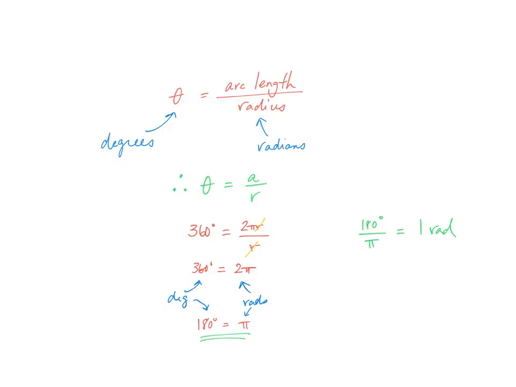So the only way that a fraction can equal 1 is if the top and the bottom are the same value. And so what we see then is that 180 degrees does equal pi rads.